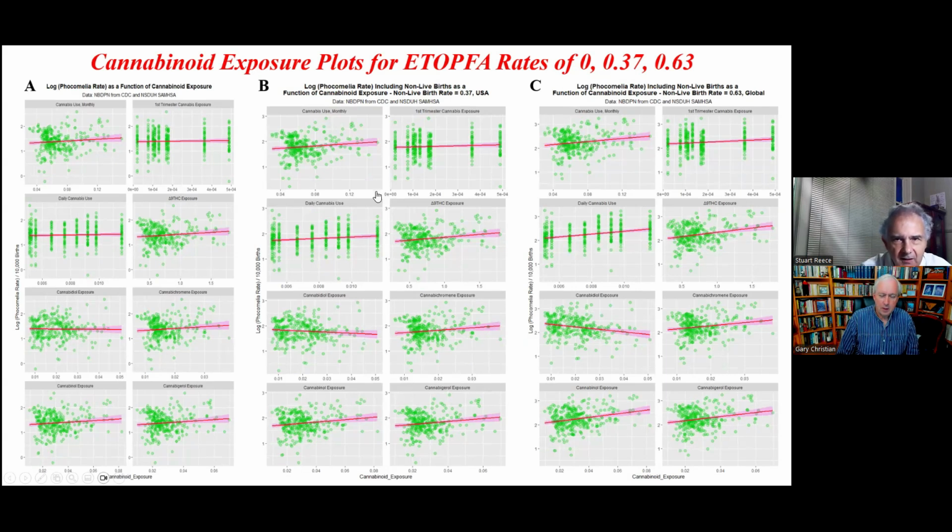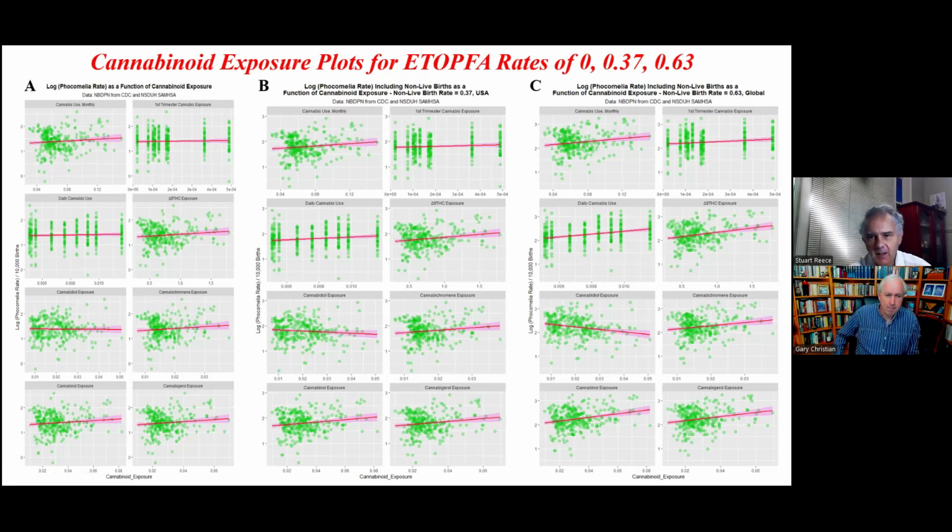And you can see that as the ETOPFA rate rises, so the slopes of these cannabinoid regression lines also rise. Okay, so going back to the particular cannabinoids that we're looking at, cannabidiol, many people know of that as CBD, cannabigerol, I think that's how you're pronouncing it. These are all constituents within cannabis, right?